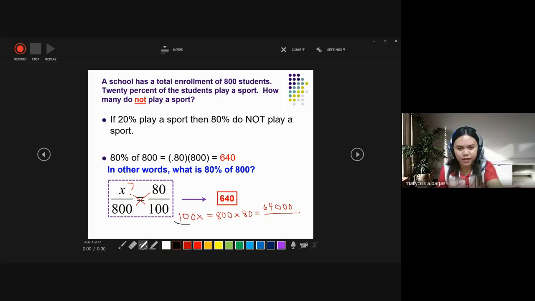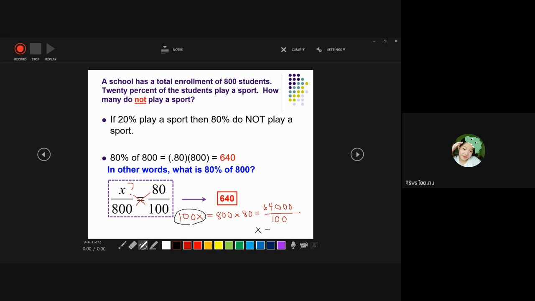Okay, 64,000 divided by 100 is 640. Meaning our x is equal to 640.